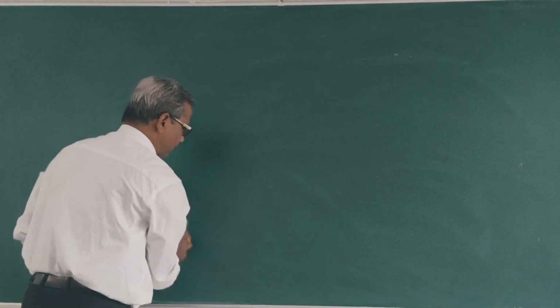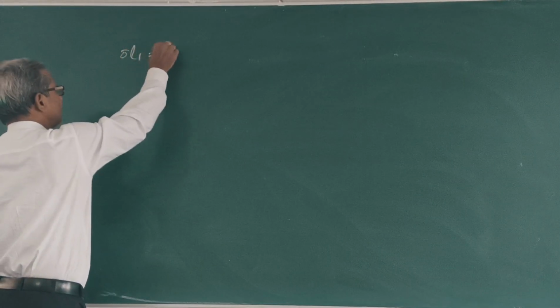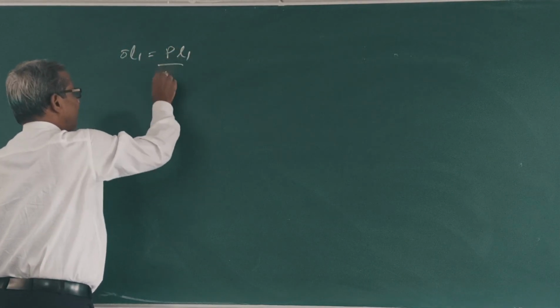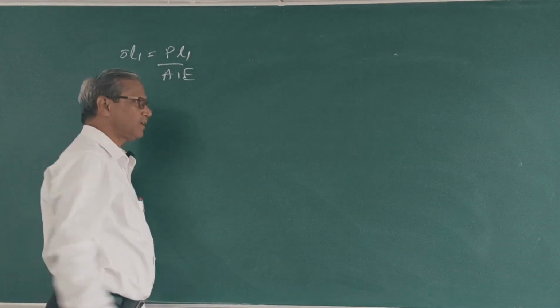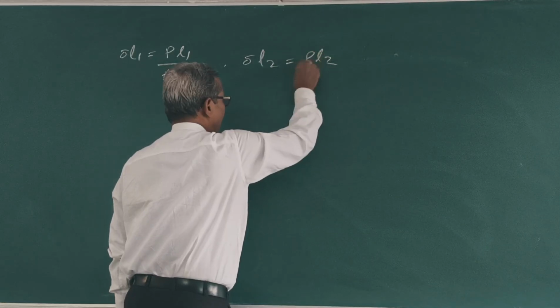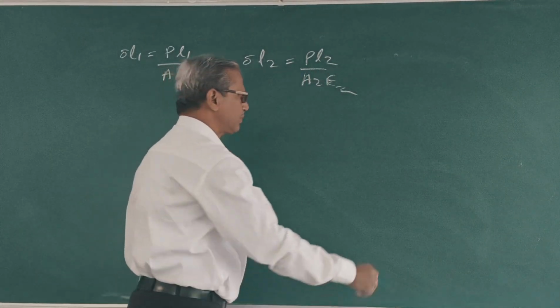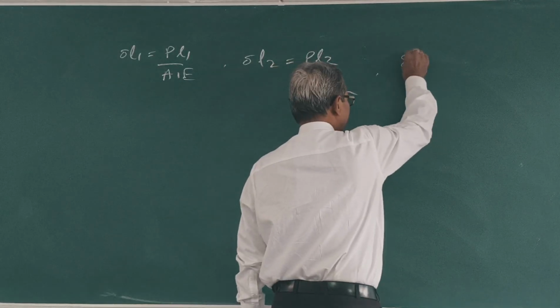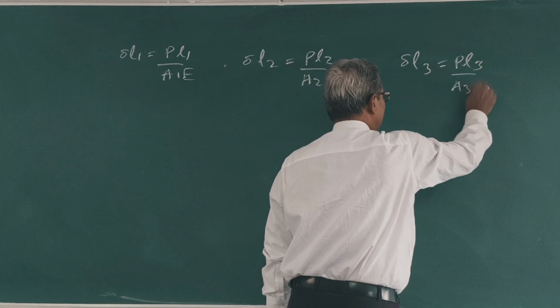So in this case, what is delta L1, the change in length for section 1? Delta L1 is equal to PL1 by A1E1. Clear? Delta L2 is equal to PL2 by A2E2. Delta L3 is equal to PL3 by A3E3.